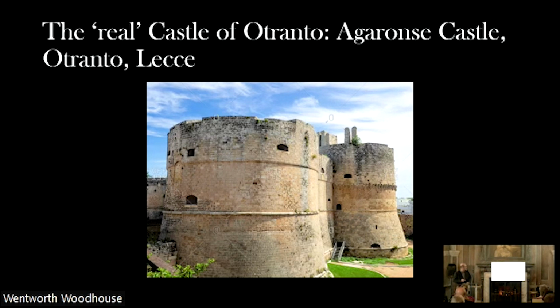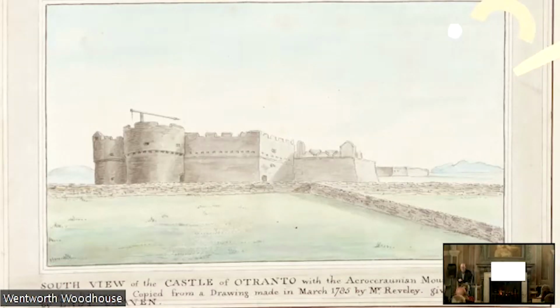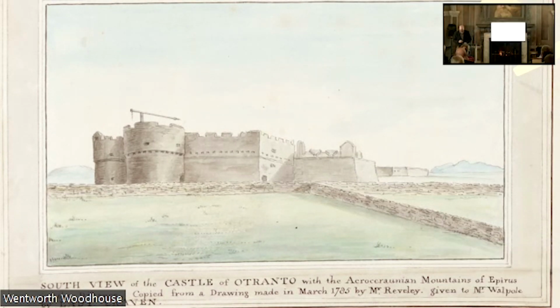So he was indeed very, very embarrassed when in November 1786, now remember this is over 20 years after having written The Castle of Otranto, he was presented with this watercolor of the southwest view of the real Castle of Otranto in Italy, which had been rendered on site by an artist called Willey Reveley in 1785. He's very embarrassed to learn 20 years later that there is a real Castle of Otranto. I did not even know that there was a Castle of Otranto, he says in a letter.